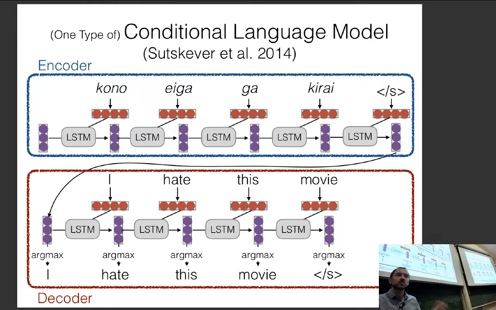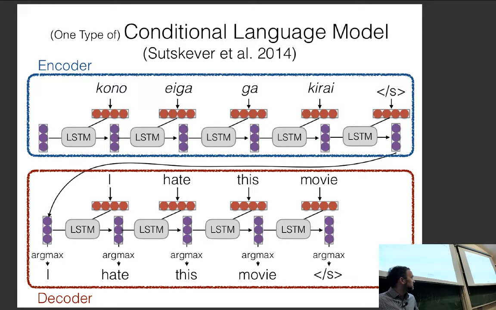This isn't super widely used in things like machine translation nowadays, but for something like dialogue response generation or image captioning, you can use a model that looks very similar to this, where you just swap out the encoder and take whatever single vector you get from the encoder and use that to initialize the decoder.